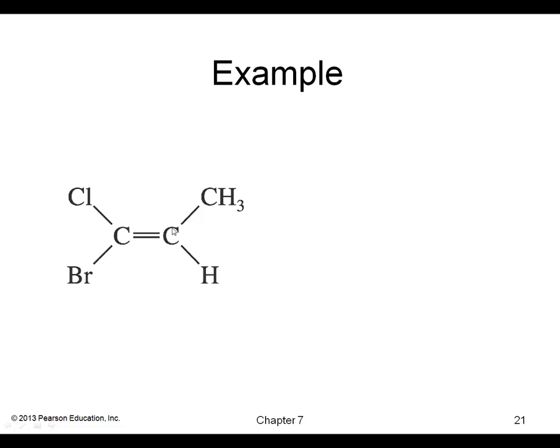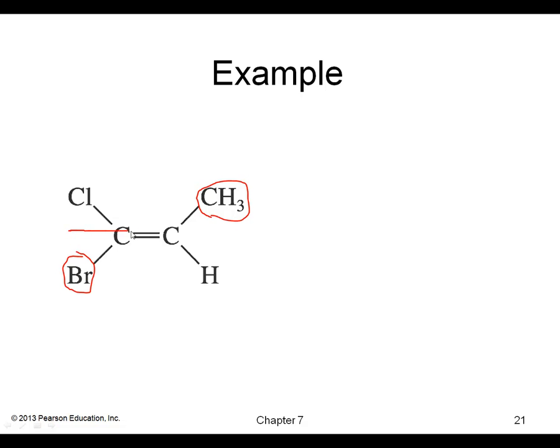Example. What we do is we look at each carbon of the double bond individually. Let's look at this one first. It has these two atoms on it. Which one has higher priority according to our stereochemistry rules? The bromine does, doesn't it, since it has the higher atomic number. Now I come to the other carbon. It has a CH3 and a hydrogen. This will have the higher priority.